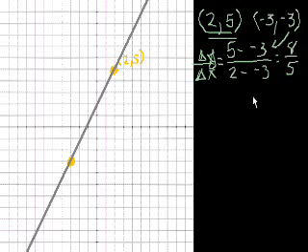Let's figure out what the rise and the run is. If we were to start at this point right here, let's see how much we have to rise to get to the same y coordinate as the other point. So let's see. We're here, and the other point is up here. Let's figure out what this distance is.